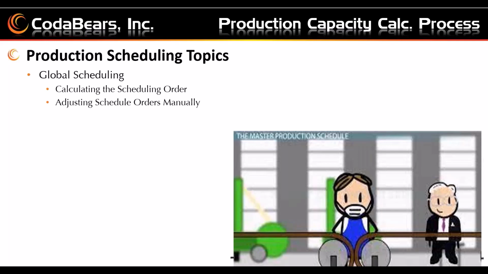So for global scheduling, there's not a whole lot to do. After I calculate it, I adjust it, then I just kick off the process. It allows you to reschedule all of your released and engineered jobs. If they are not released and engineered, Epicor is not going to schedule it.